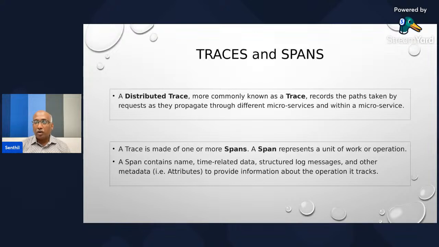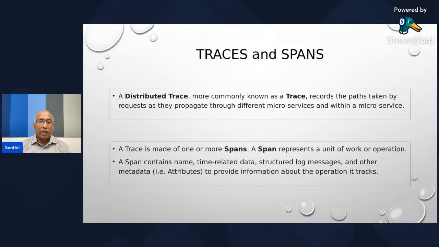Okay, let's say your microservice is calling another microservice, right? So that is an operation. So you can have a span to track the microservice A sending this REST API call to microservice B. So you get to choose what are the spans that you want to track as part of the trace.